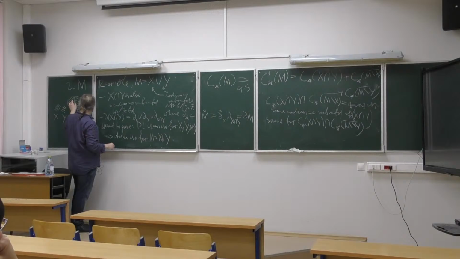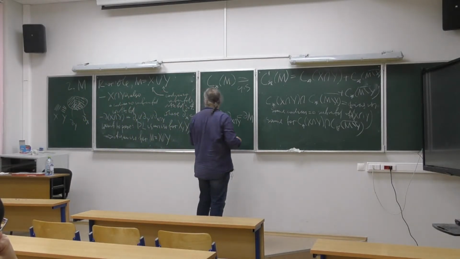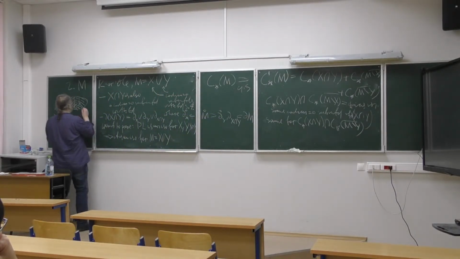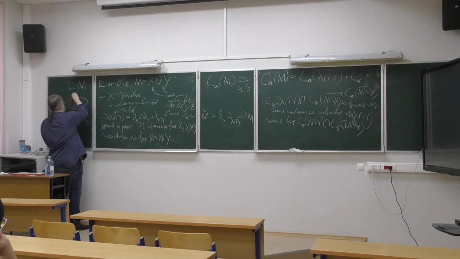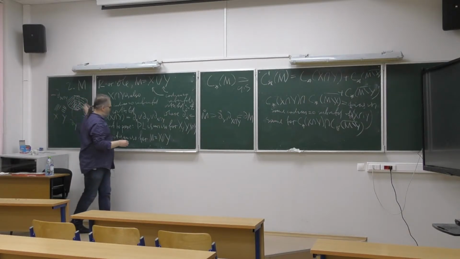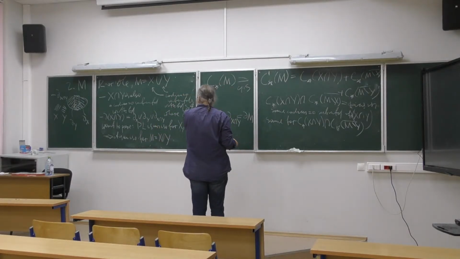Delta x is the segment on the left, delta y is the segment on the right, and delta x cap y is the union of the other 2 segments.